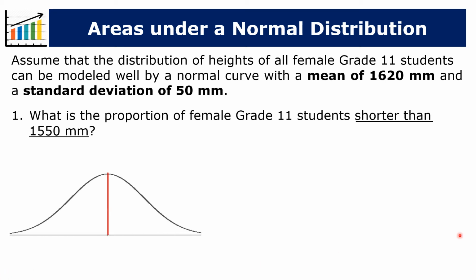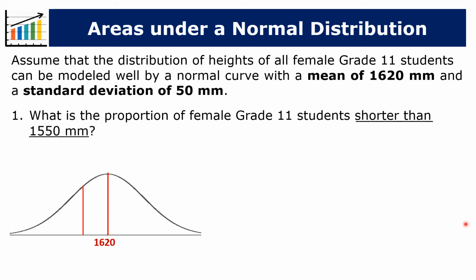Okay, first we have to illustrate the given. So again, this is a normal distribution, so the graph looks like this. And in the given problem, the mean is 1,620 and the standard deviation is 50 millimeters.